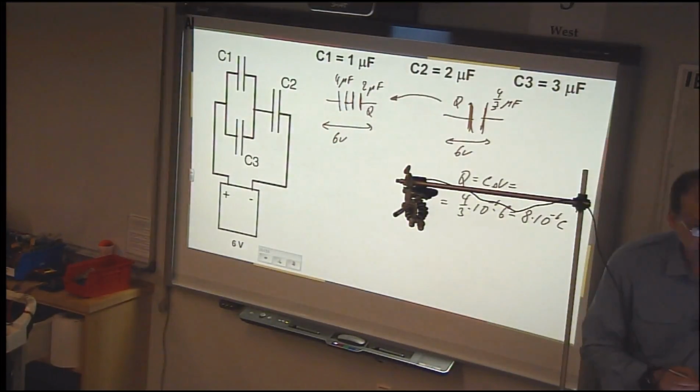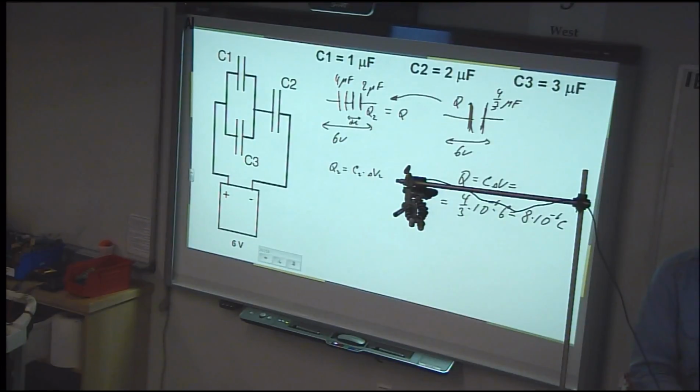And here, this charge has a name, Q2. So this voltage has a name, delta V2. And we can write the relationship between the charge, capacitance, voltage.